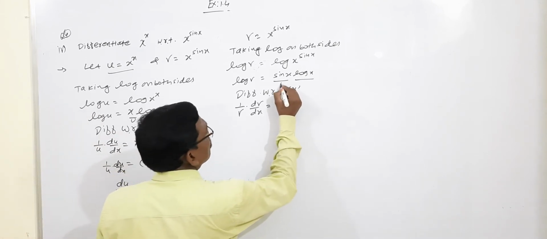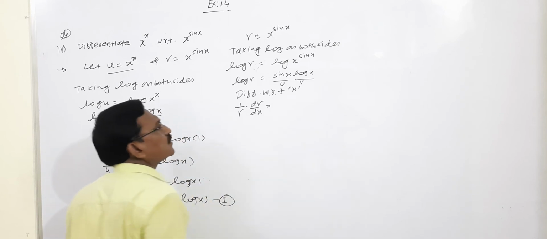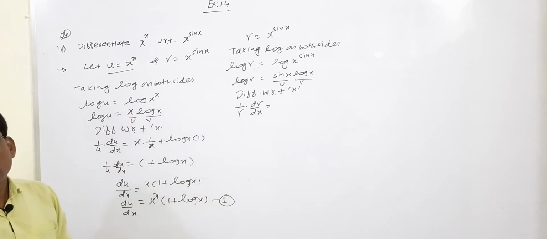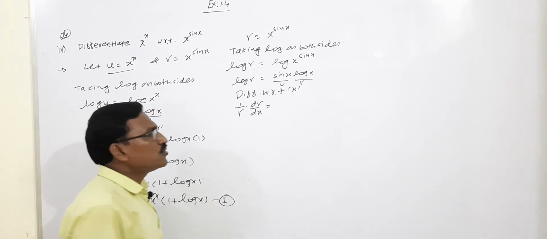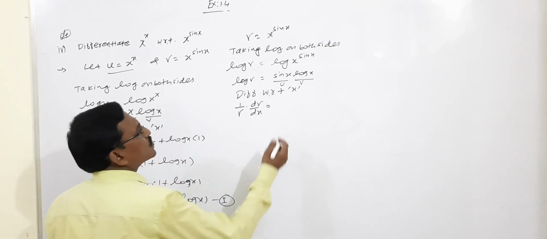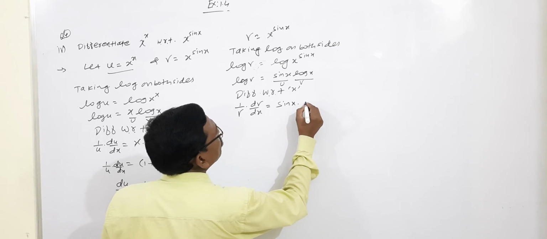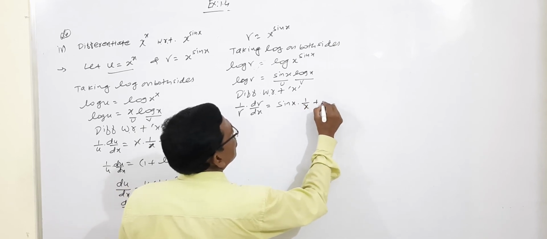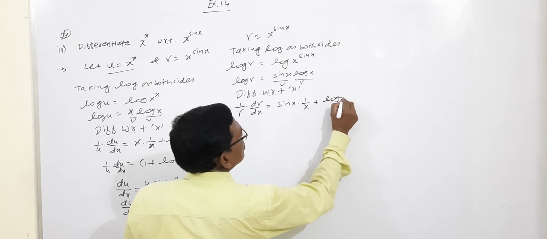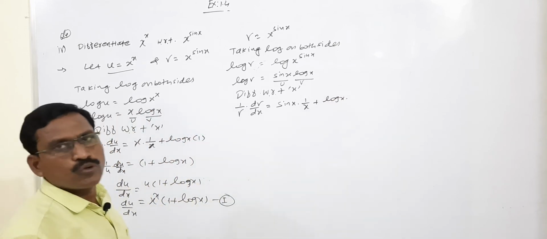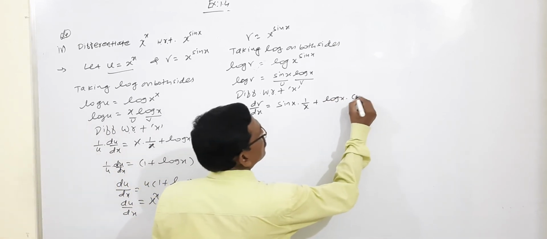Now here sin x is u and log x is v. Again we use the product rule of differentiation. u as it is, sin x as it is, into derivative of v, the derivative of log x, which is 1 by x, plus v as it is, log x as it is, into derivative of u, here the derivative of sin x is cos x.